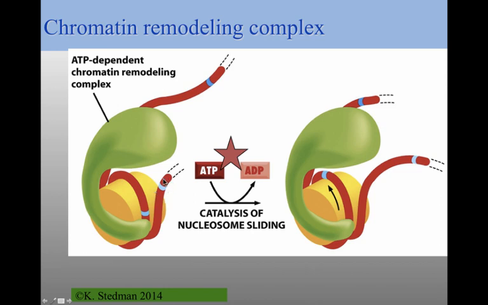And so you can see how this is really important, for instance, allowing access to a TATA box or some promoter sequence, or even an enhancer where you're going to get some of these transcriptional activators being bound to it. So these chromatin remodeling complexes can move your DNA relative to nucleosomes. In some cases, they could even pop the nucleosomes off completely. But it's an ATP-dependent process that you have to use for this.